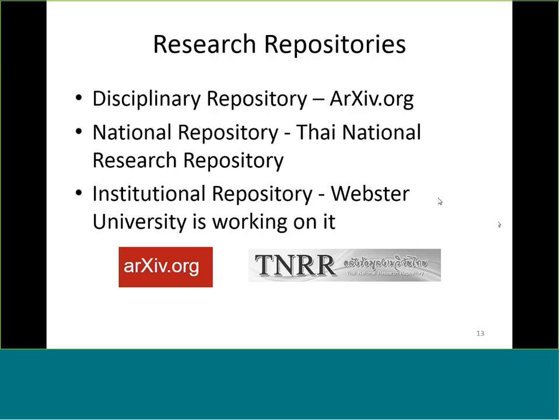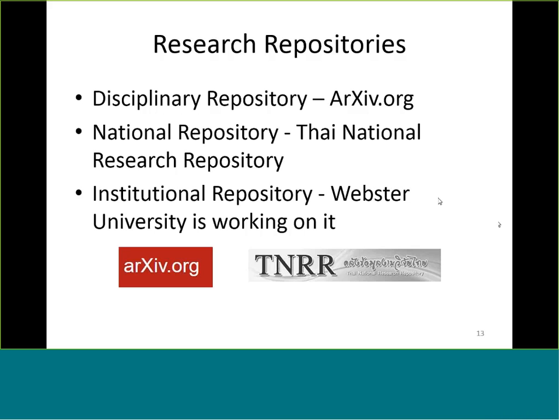A national repository is, I put up here the emblem for the Thai National Research Repository, which is trying to collect the research that is being done in Thailand. It's very exciting, and there are other national repositories as well. And then there are those institutional repositories.